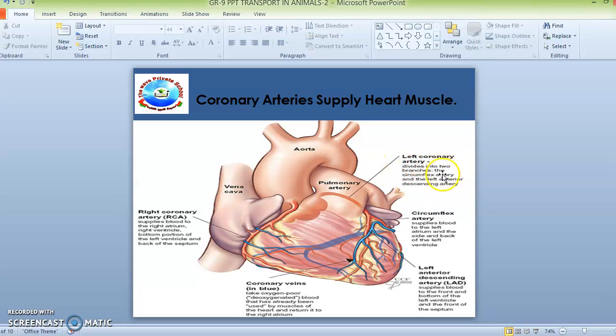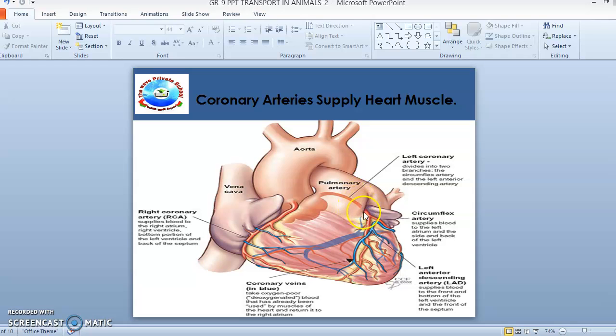So if you read all the points, you can understand which vessel is doing what function. So let us see what coronary arteries are and what is the use of those. Just one thing I want to say to you, it is odd to hear, but this is true.